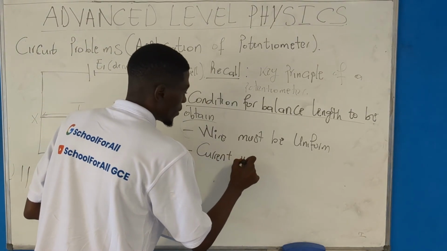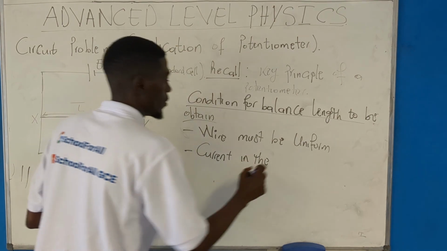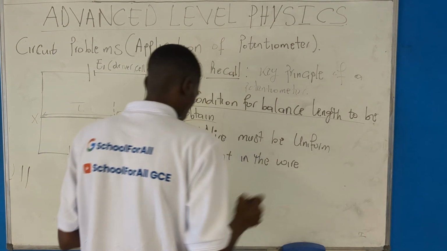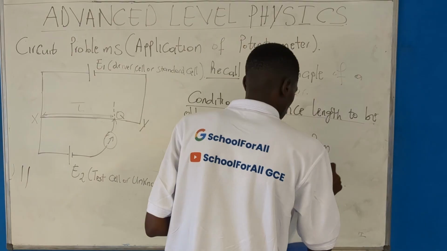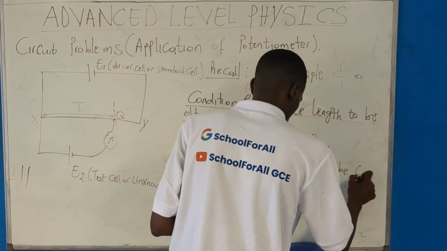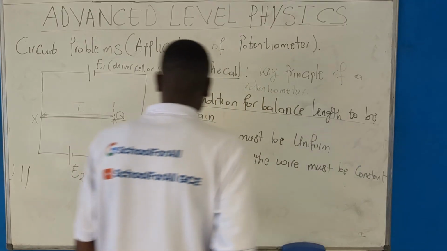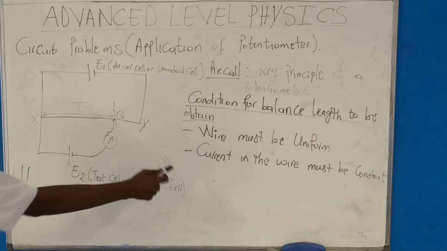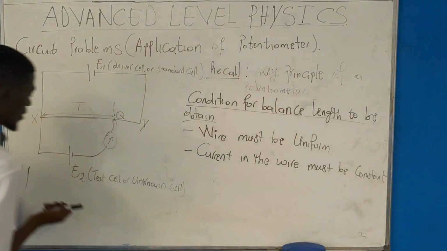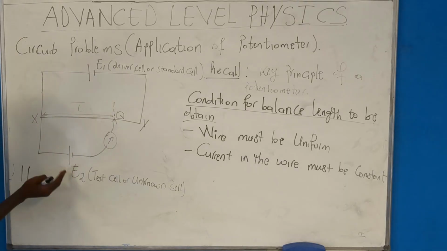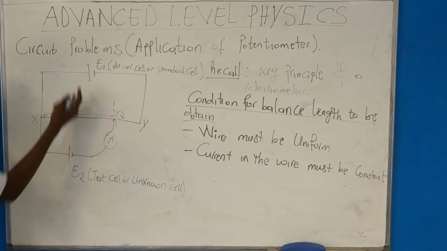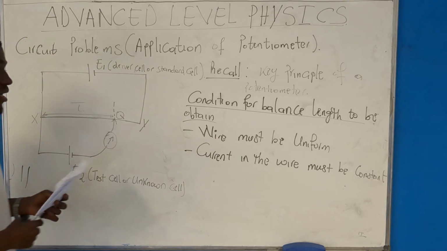The current in the wire must be constant. So this means that for us to have a current which is constant, the polarity of the cells should be the same. Positive should be going to positive, negative should be going to negative, for us to have a constant current.